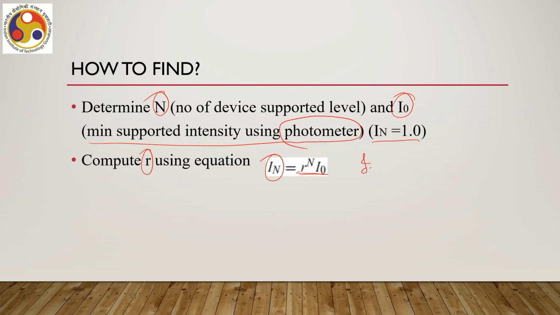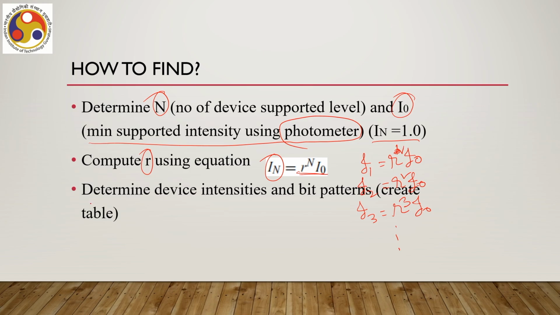So, I1 equal to r to the power 1 I0, I2 equal to r square I0, I3 equal to r cube I0 and so on up to the nth value.